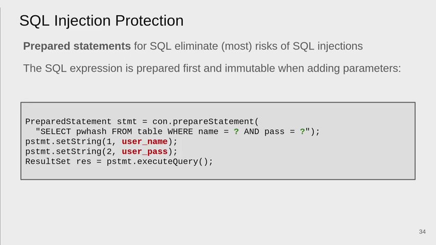And then you can prepare the statement and set string 1, set string 2 to actually submit the 2 parameters that were left in here. Right? So that way you can separate the little script that you're running and the actual data that you're sending.